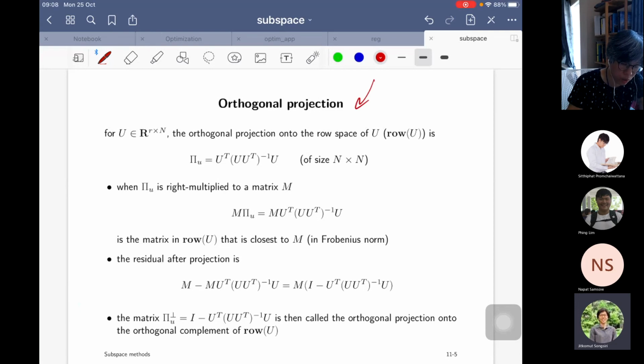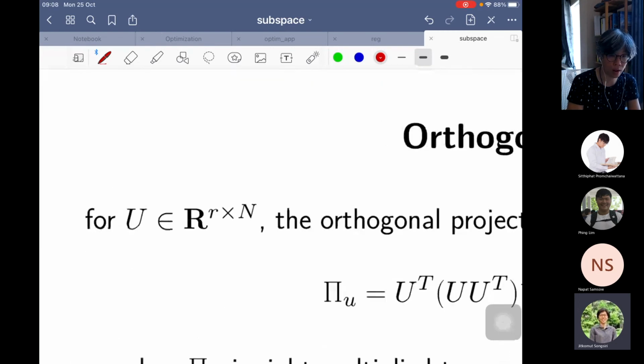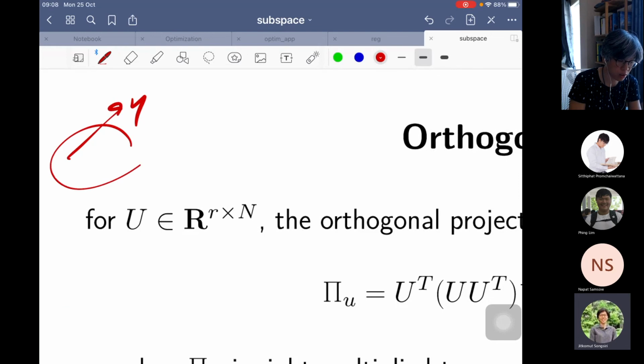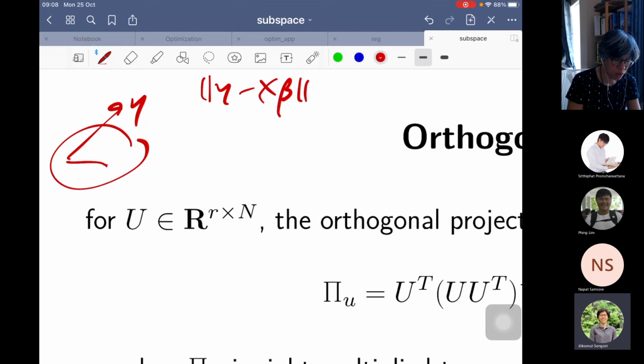And here I would like to explain about orthogonal projection. We saw orthogonal projection before when we mentioned the least square estimation. Remember the concept of least square? In a least square problem, when you get beta hat from the least square, you multiply it with x.